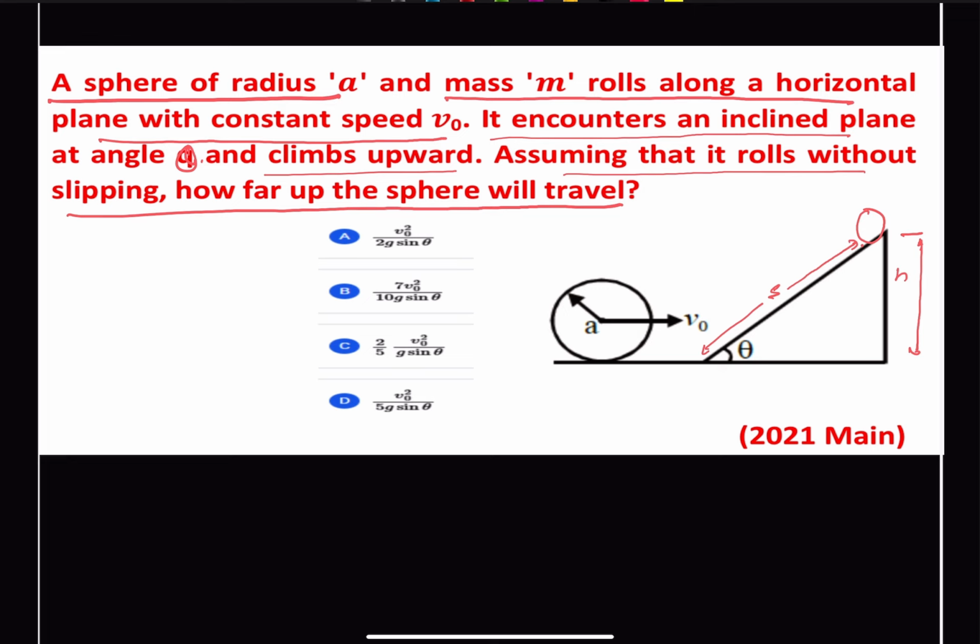So we can use the conservation of energy. Translational plus rotational kinetic energy will be equal to the potential energy at the maximum height. It starts from point A and ultimately reaches the maximum point, that is B.